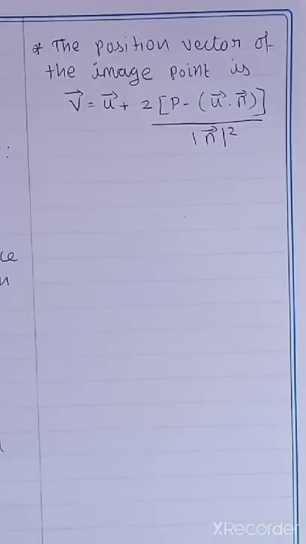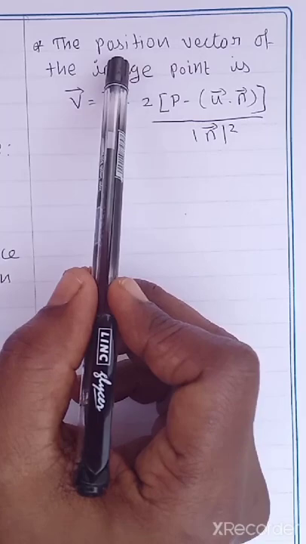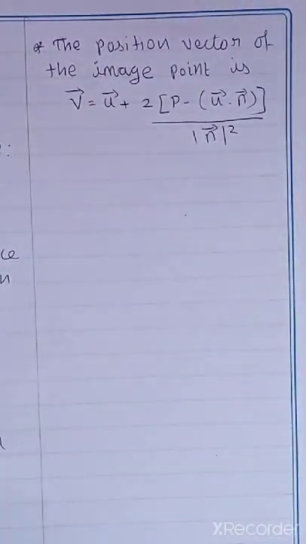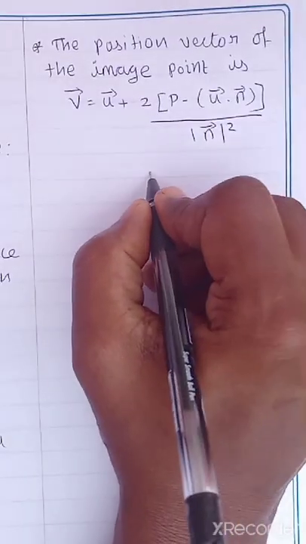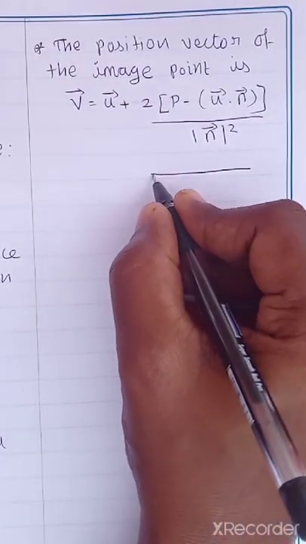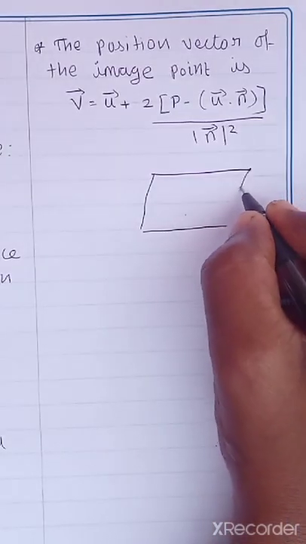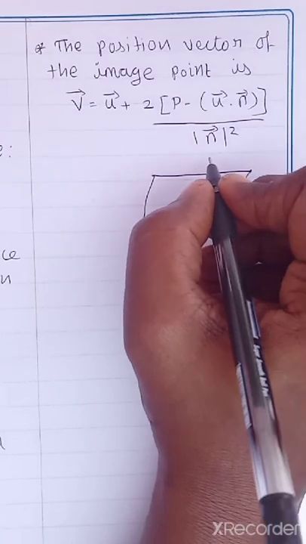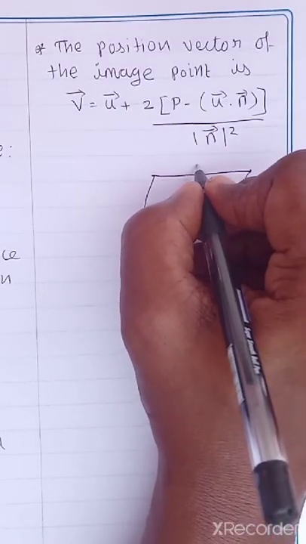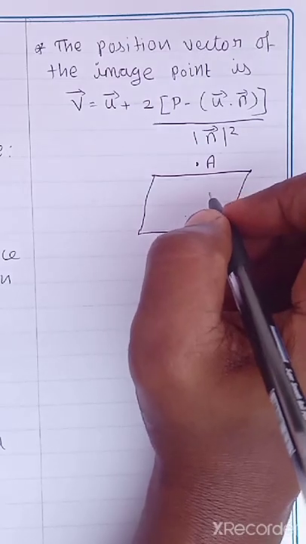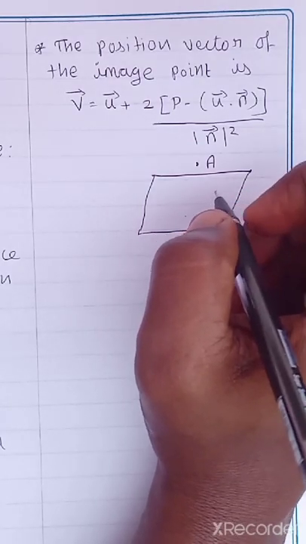Next, position vector of the image point. So here we are taking one plane and we are taking one point A. What we are going to find out is image of a point in a plane.